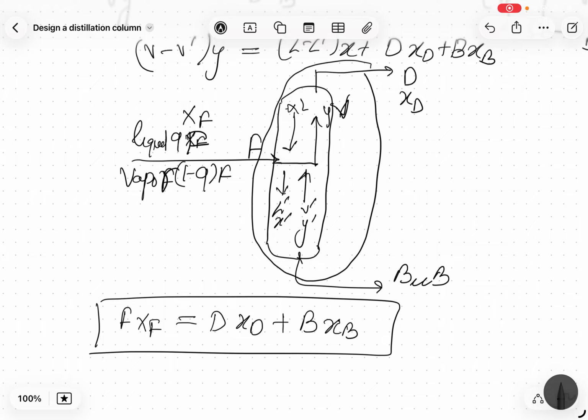So now what I will do, I will substitute these things.